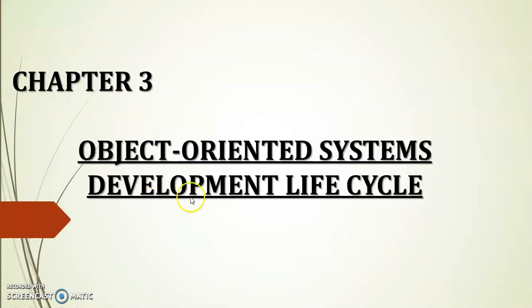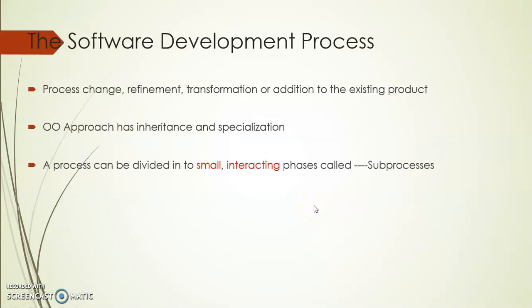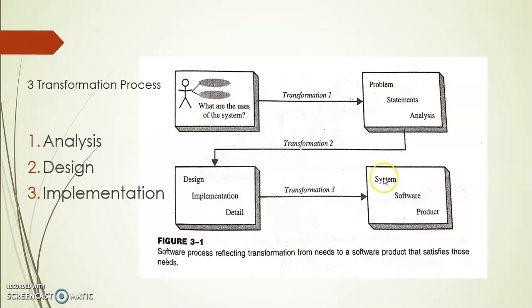The next topic was object oriented system development life cycle, in which in this process we have refinement, transformation and addition of existing product. Object oriented approach has inheritance and specializations also. A process can be divided into small interacting phases called subprocess.